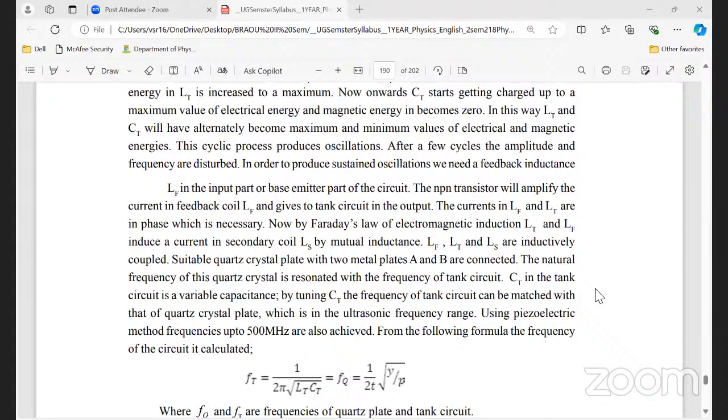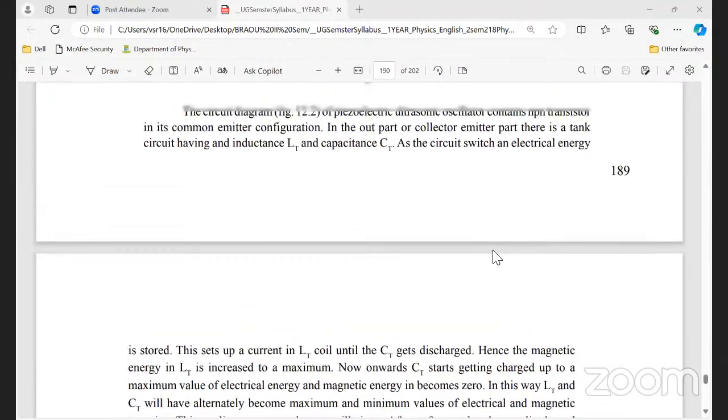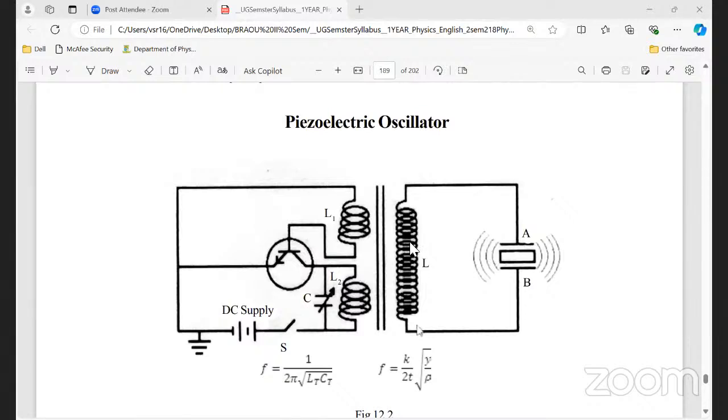The currents in LF as well as LT are in phase, so by Faraday's law of electromagnetic induction, EMF equals minus d phi by dt. So the current in the secondary coil LS, this one, these are LP.